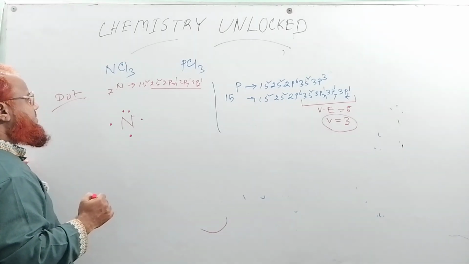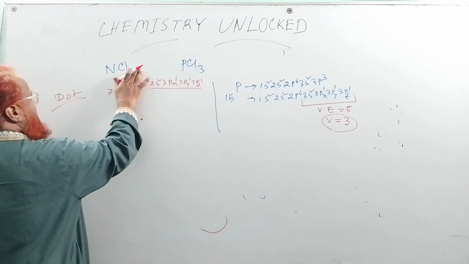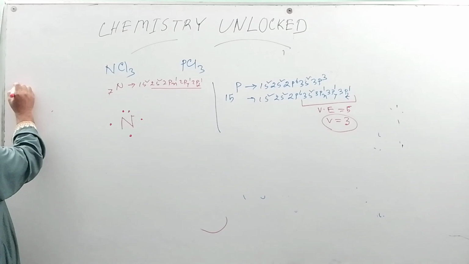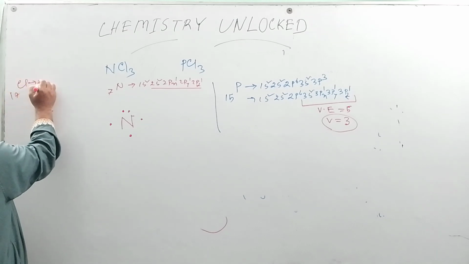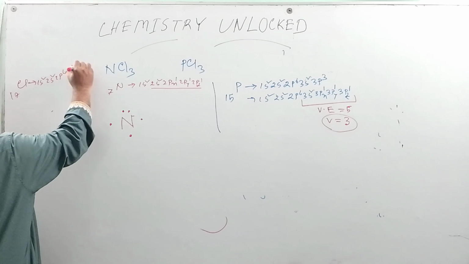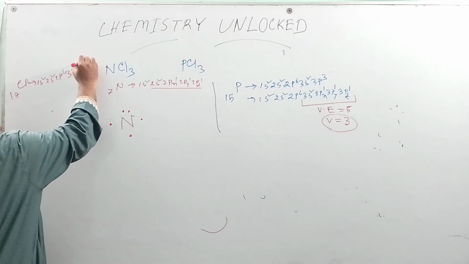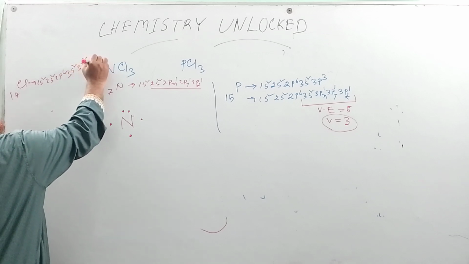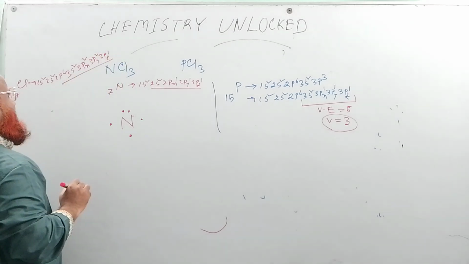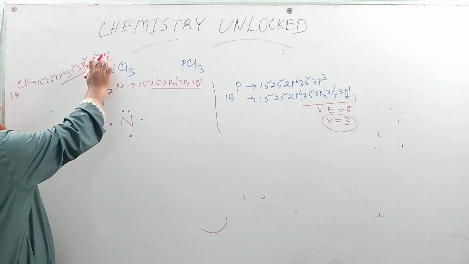Okay. If you want to recall that, I can draw that electronic configuration again here. 1s2, 2s2, 2p6, 3s2, 3px2, 3py2, 3pz1. It was the electronic configuration of your chlorine. So 1 is unpaired.